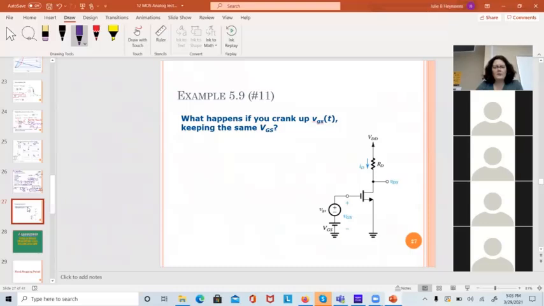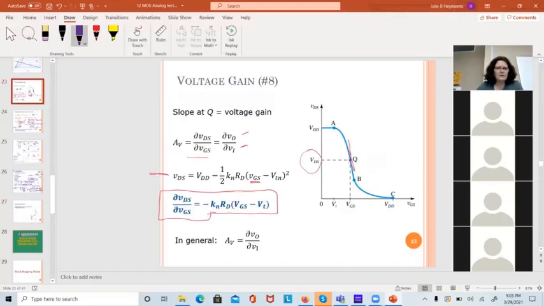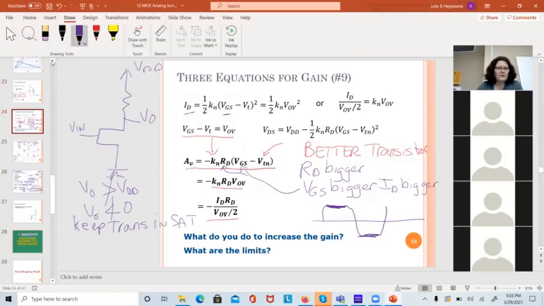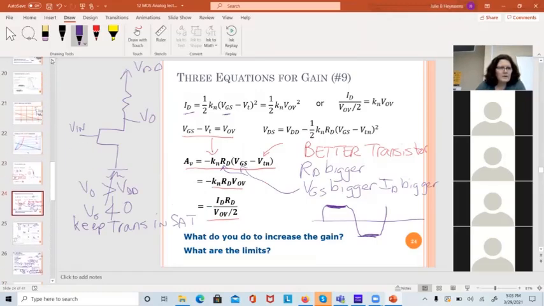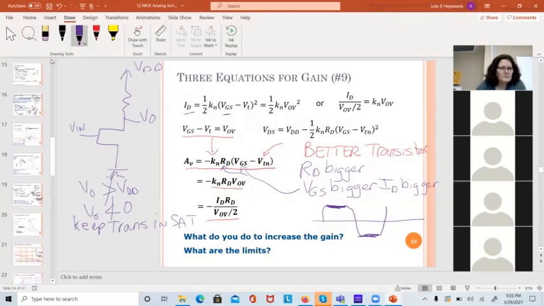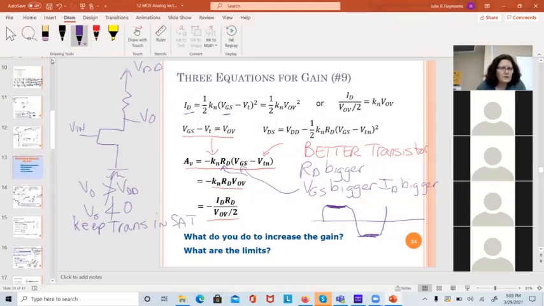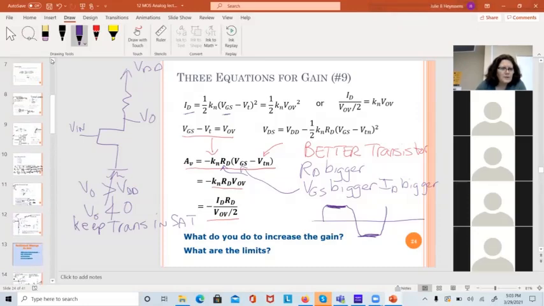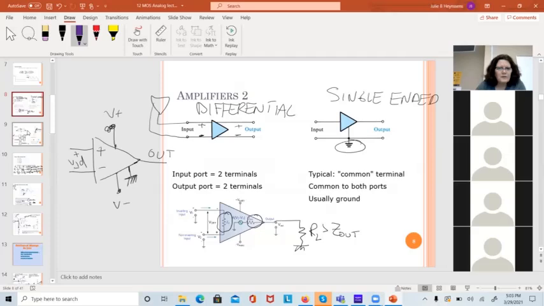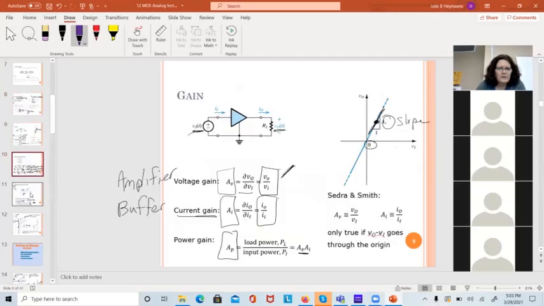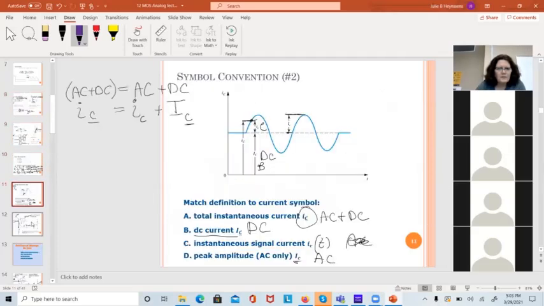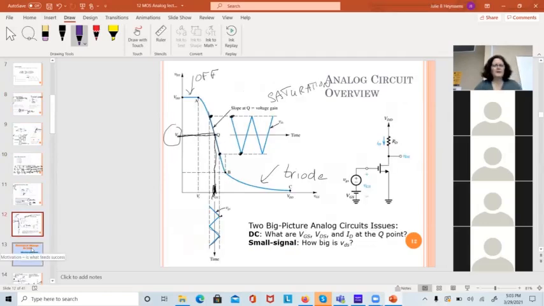What happens, oh, we've talked about this. If we crank up VGS, let's look at this graphically. There's got to be a good graph in here somewhere. There's been like hundreds of them. Voltage transfer curve. Yeah, here we go.